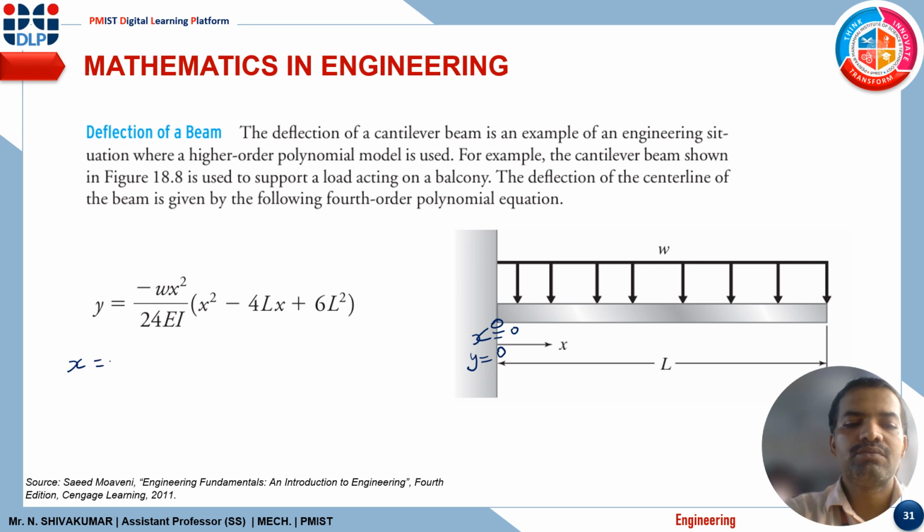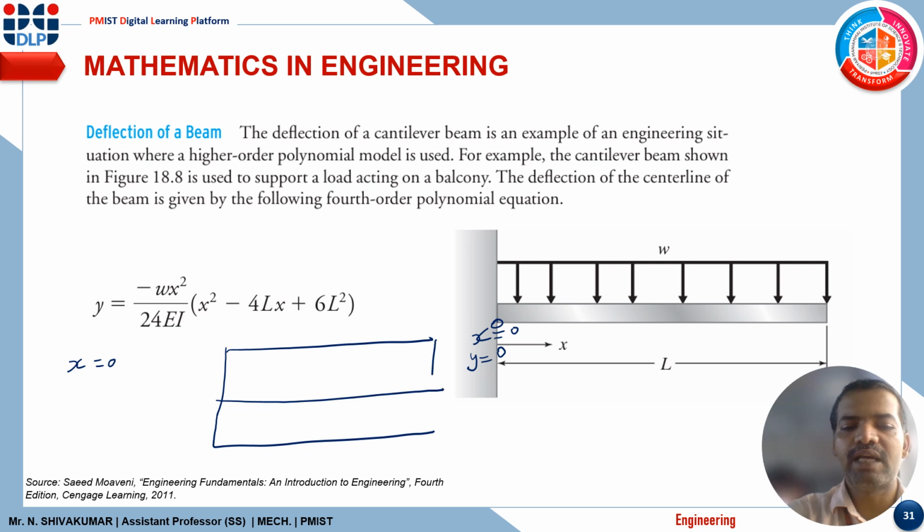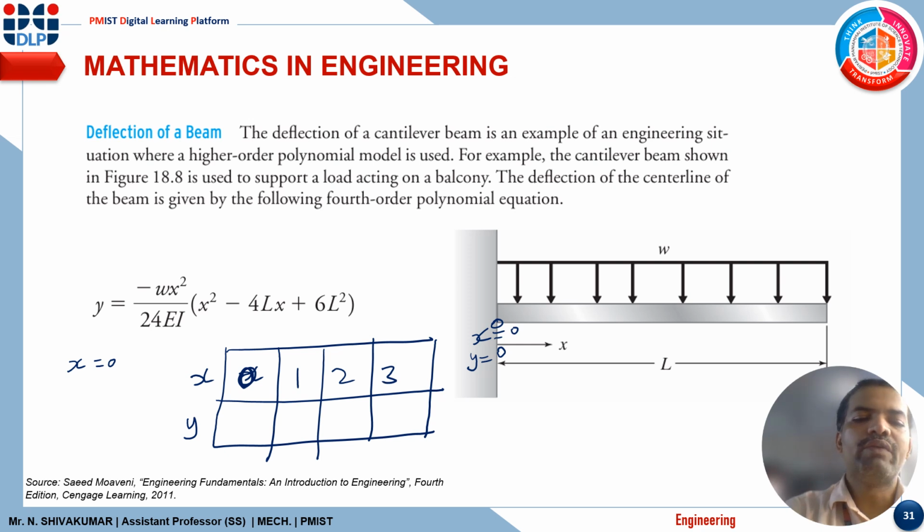You prepare a table like the previous class. This is the x value, this is the y value: 0, 1, 2, 3. When x is 0, what is the value of y? You substitute 0 here: 0 square minus 4 into 0 plus 6l square.